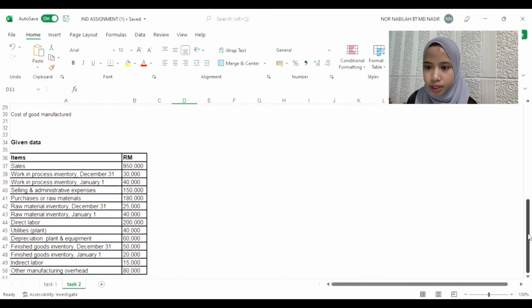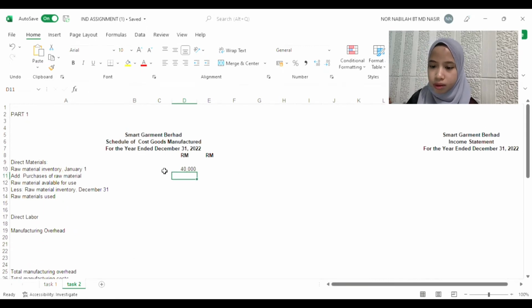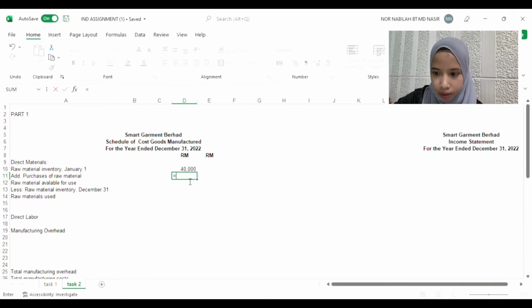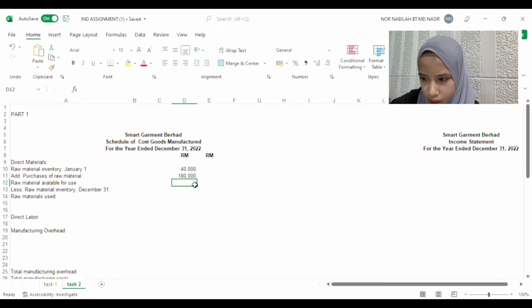And then add the purchase of raw material. Look at the given data. Purchase of raw material is 180,000.